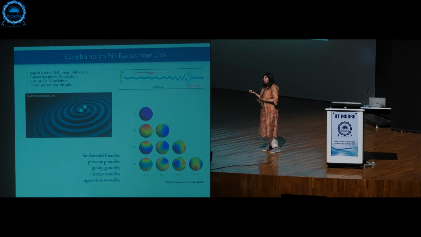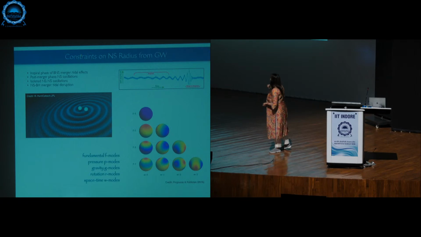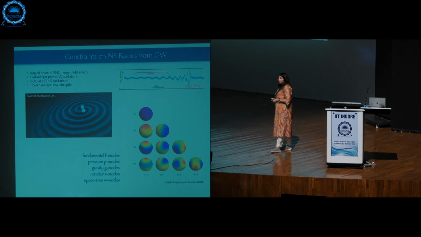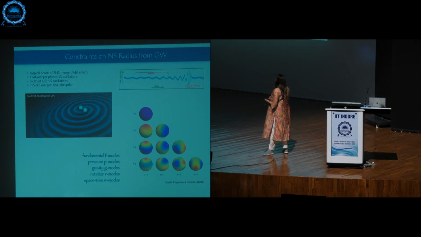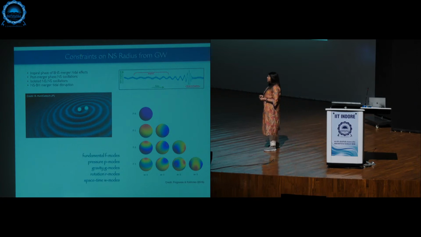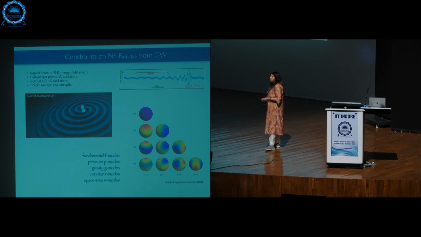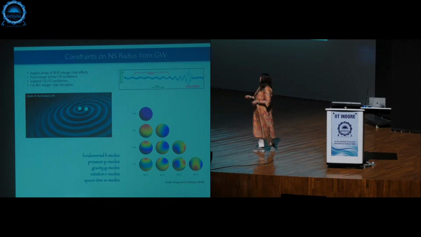These are well known in such systems. In addition, compact stars, neutron stars can also have pure space-time modes. So if any of these, say the frequency or the damping time scale, is observed for such systems, then we can also try to put a constraint on the radius from that.